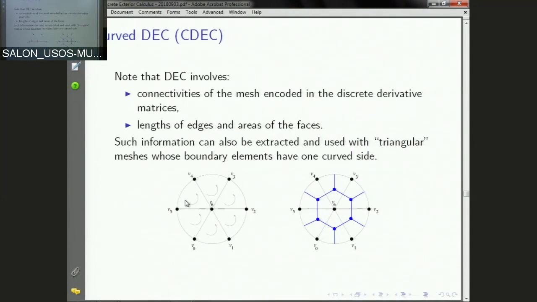Let's use those lengths, the true lengths of these curved segments and the true areas of these pizza slices, and put them in the Hodge-Star matrices instead of the rectilinear ones. That is CDEC, or Discrete Exterior Calculus with curved boundary edges. So put it in and see if it works.